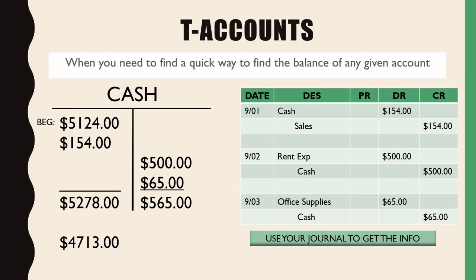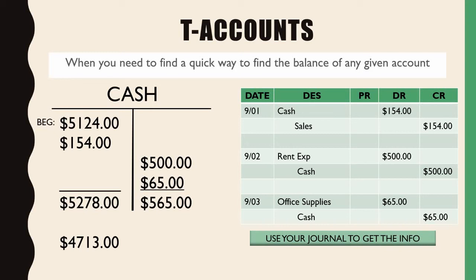Here, if you're just doing a journal and you notice that you spent a lot of cash and you want a quick summary of where you're at or how much money you should have right now, you can draw it on the side of your journal. That's the whole purpose of having a journal, that on the side you can do your quick calculations so that you know where you're at in each given account.